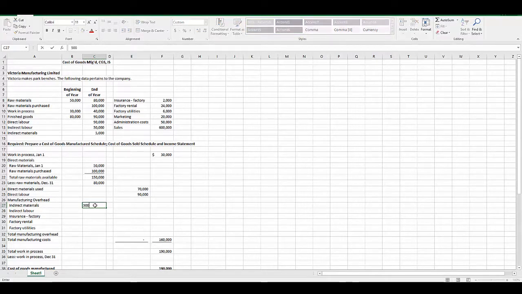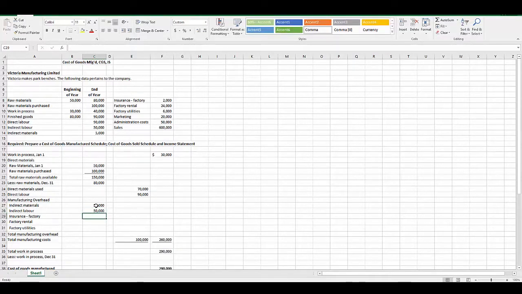So we'll enter in 50,000 here. Then our indirect labor. These are not the labor costs that are related to actually making it. The indirect labor refers to, for example, your supervisory staff, your cleaning staff, security. You need to have these people there to run your manufacturing operations. So we're told that indirect labor is $50,000.